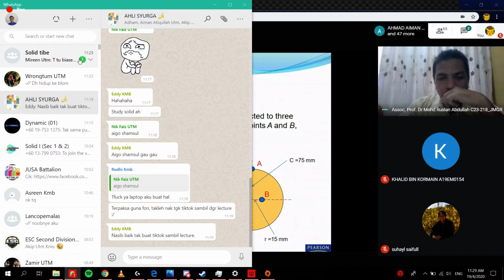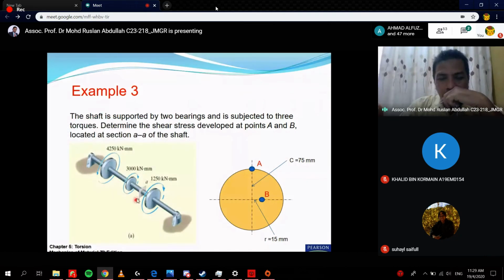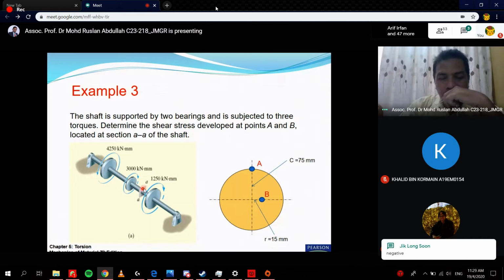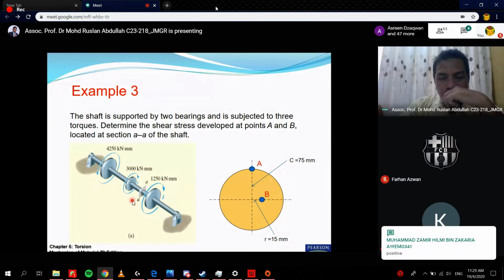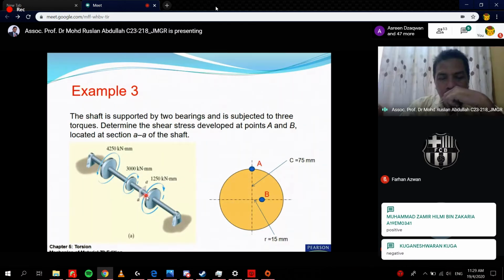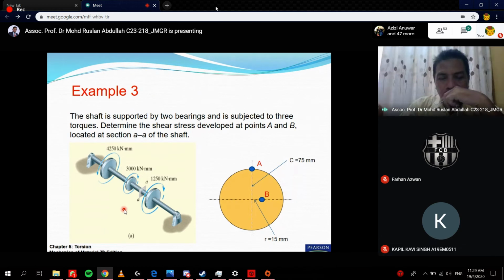So is the net torque here positive or negative? You can apply your right hand rule. Positive? Negative? The answer is negative. Why negative? Because when you cut here, you can see my right hand.